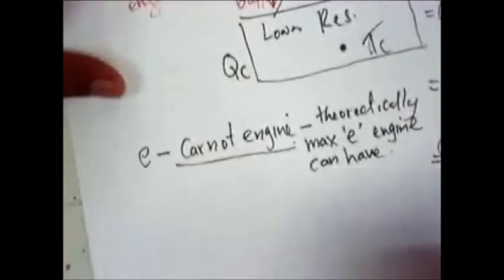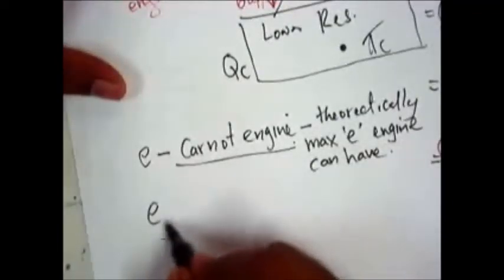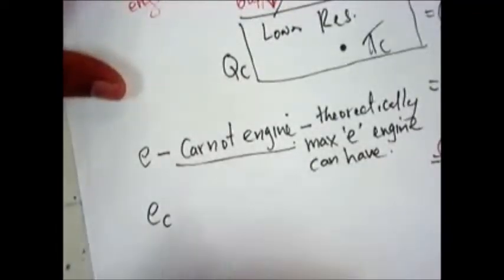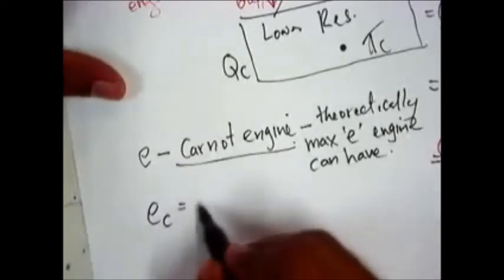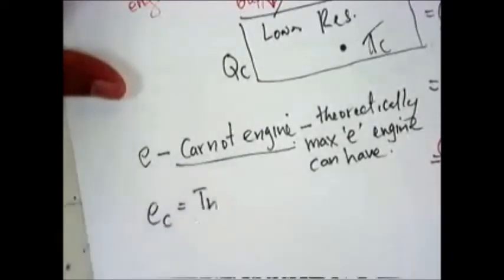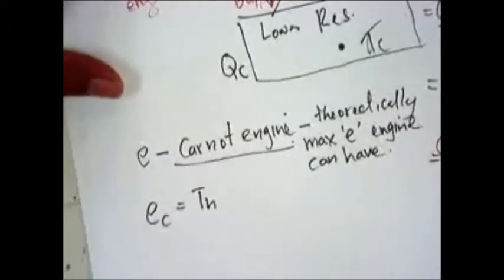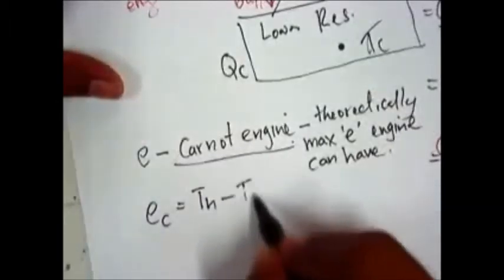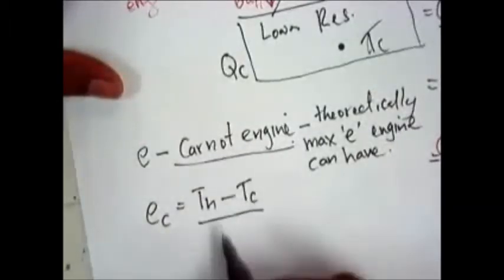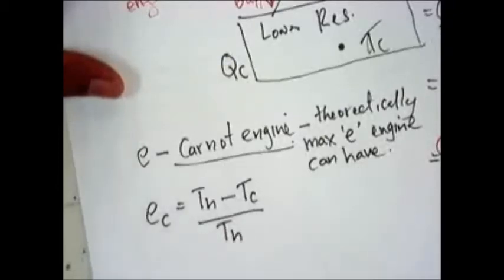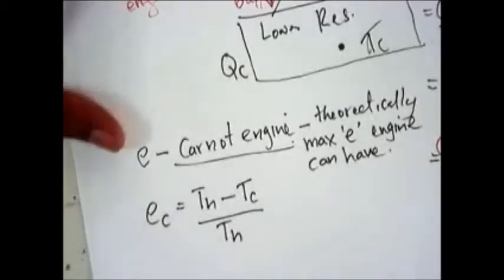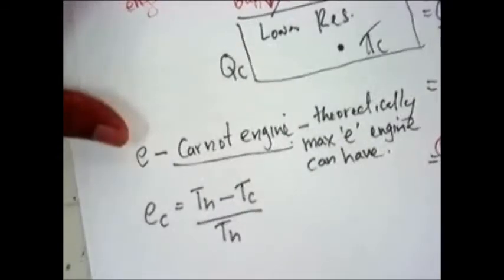The way you find that is: your Carnot efficiency is equal to, written in terms of temperature, the input temperature minus the discarded temperature over the input temperature.